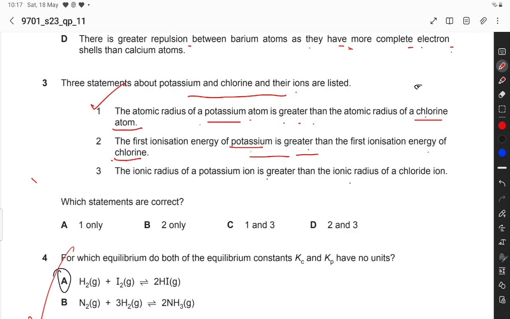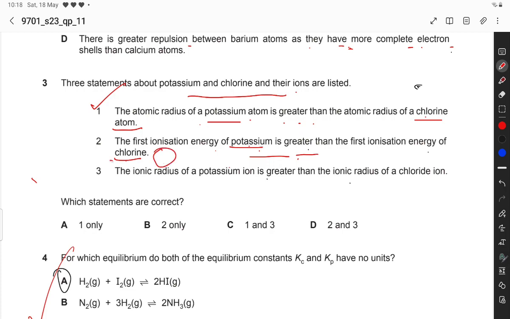So potassium has 4 shells, so that's why there is less attraction between the nucleus and the valence shell electron. So potassium has 4 shells, so there is less attraction between the potassium nucleus and the valence shell electron than between the nucleus of chlorine and its valence shell electron, because chlorine has 3 shells.